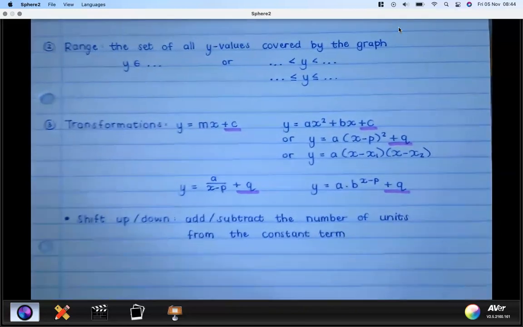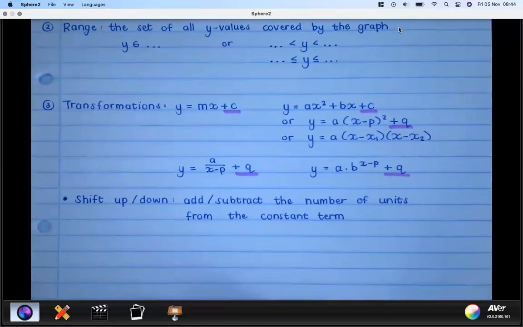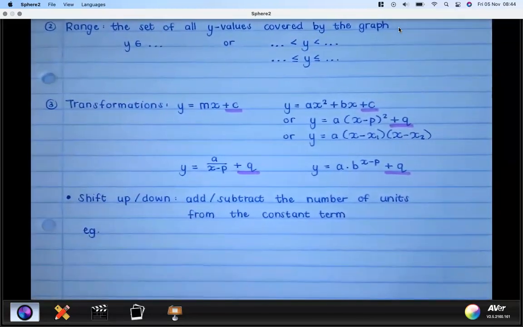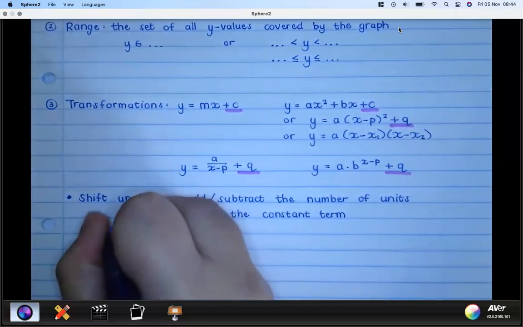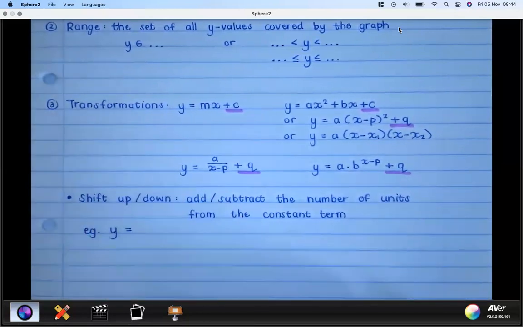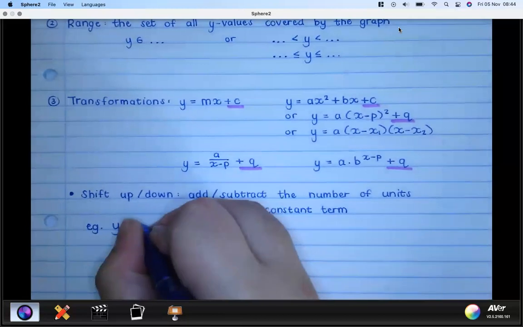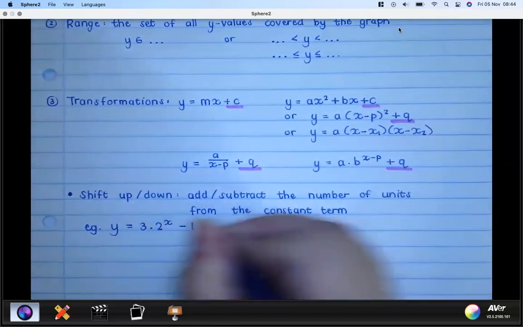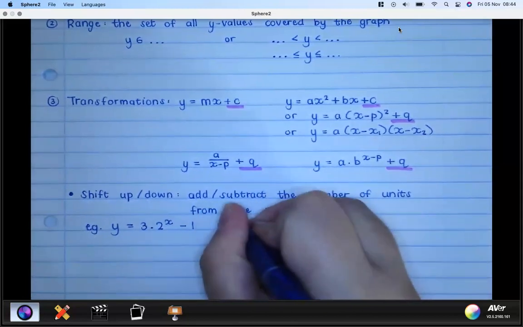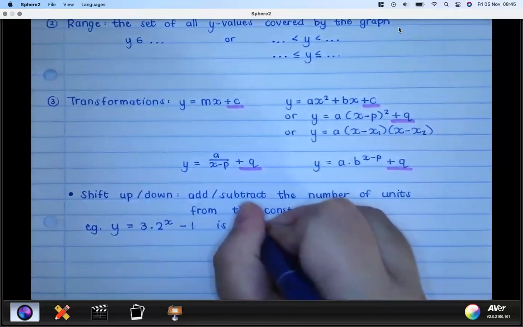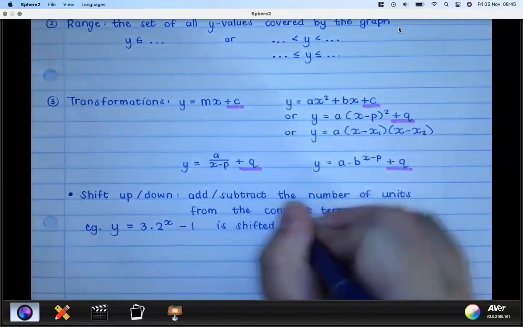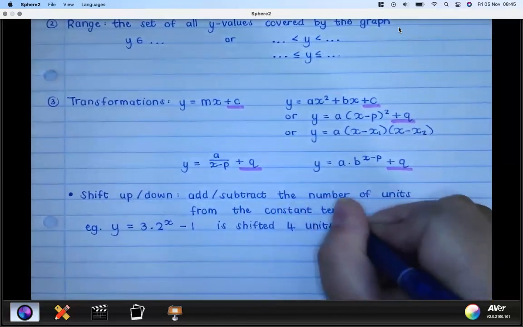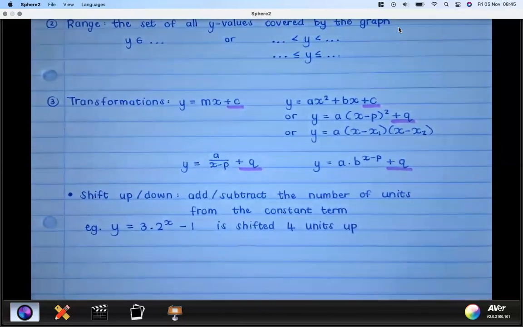Okay, for example, sorry that this thing keeps jumping. For example, y equals 3 times 2 to the power of x minus 1 is shifted 4 units up. Right?